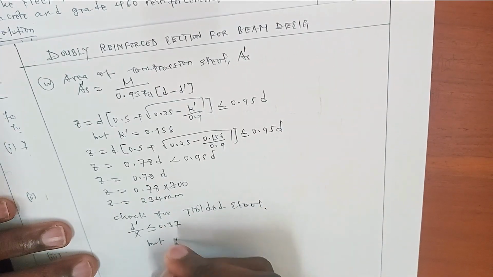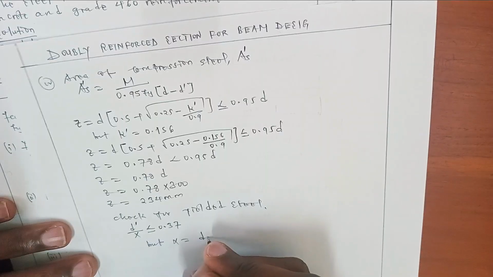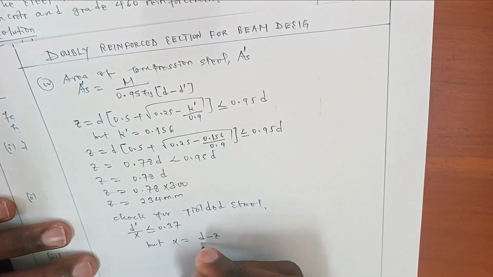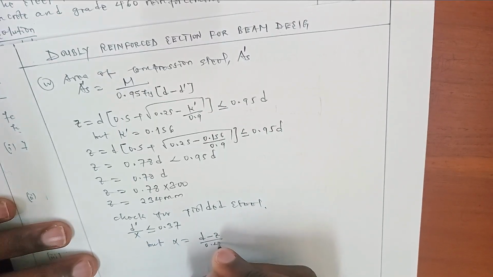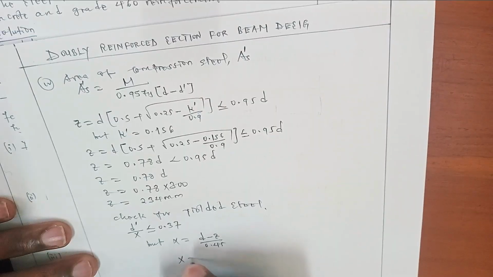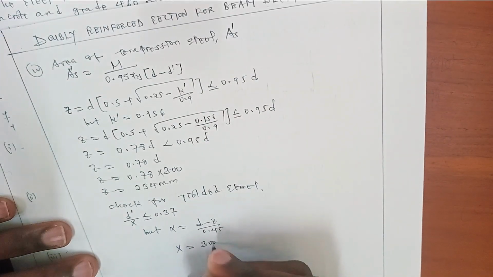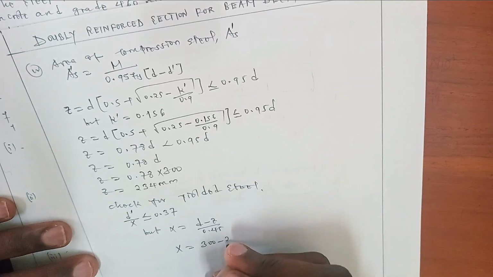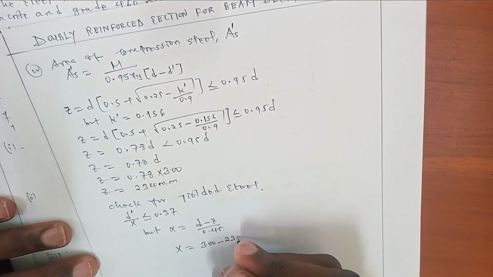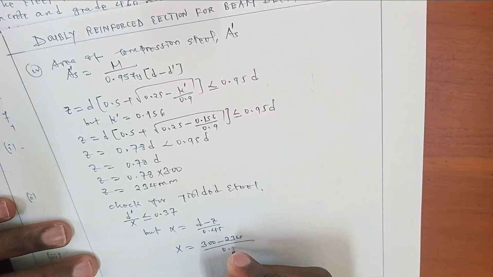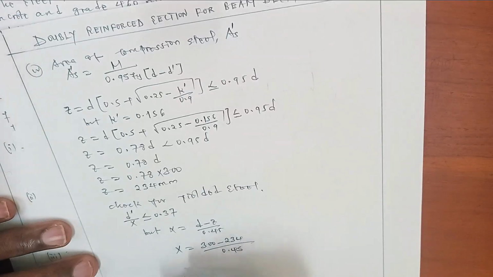But this x is equal to effective depth minus z over 0.45. Now x will be equal to effective depth 300 minus z, which is 234, over 0.45.